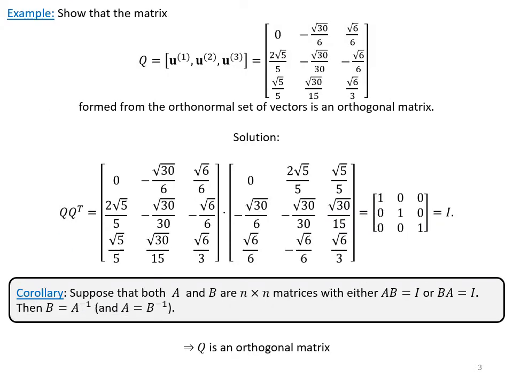Now let's solve an example. Show that the matrix Q of the following form, formed from an orthonormal set of vectors, is an orthogonal matrix.